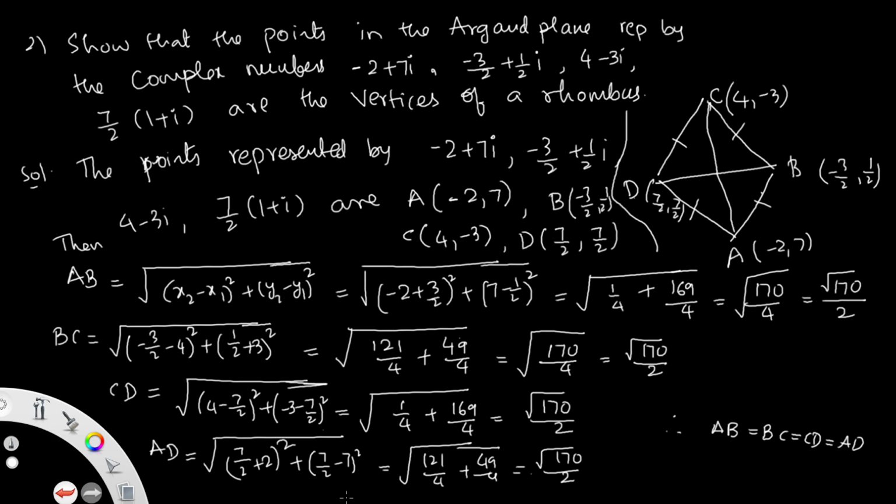So in a rhombus, all the adjacent sides should be equal and the diagonals should not be equal. That was only for the sides. Next, to find the diagonals, we go to the next page.